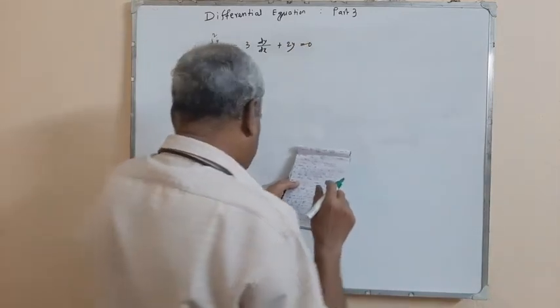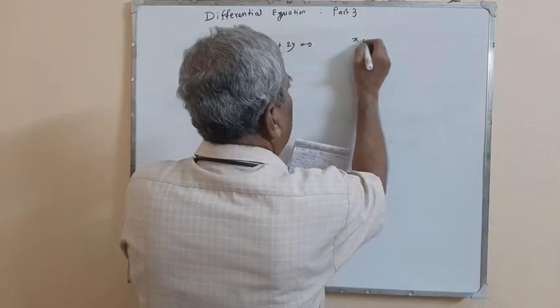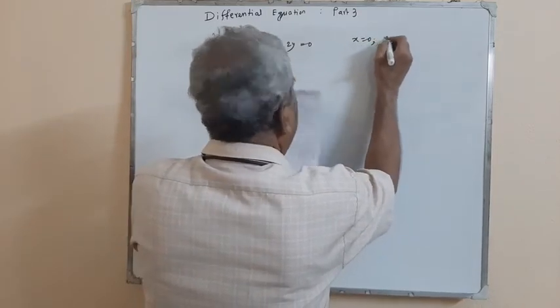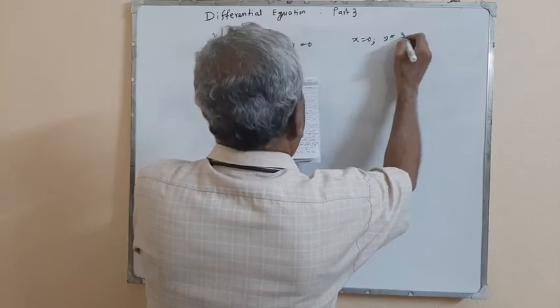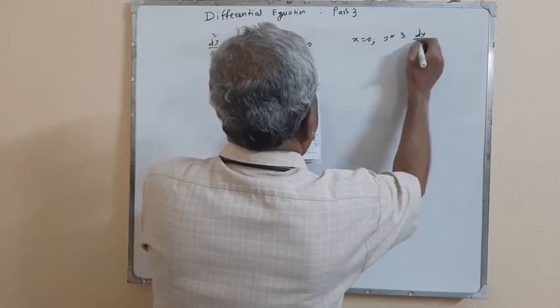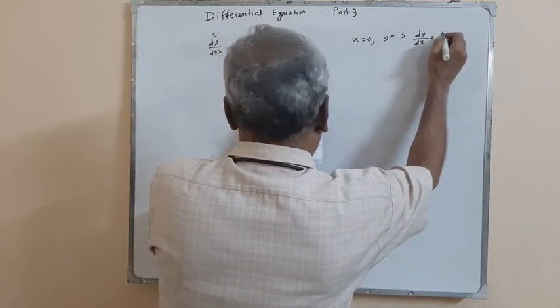Given that x is equal to 0, y is equal to 3 and dy/dx is equal to 4.